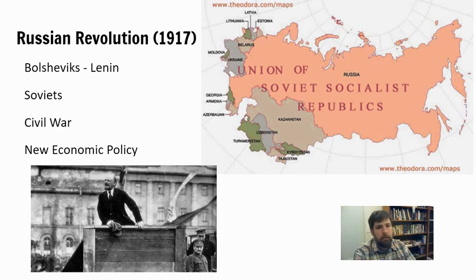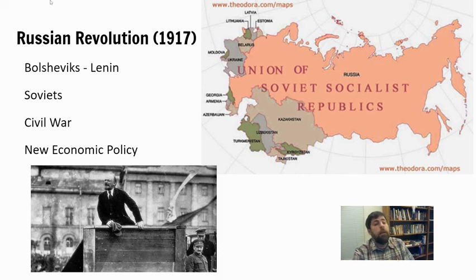He let some small businesses keep their property in an attempt to appease the peasants and the general public. That would all be completely undone when he died in 1924, and his successor, Joseph Stalin, took control of the Soviet Union and took it in a different direction, which we will talk more about in class.